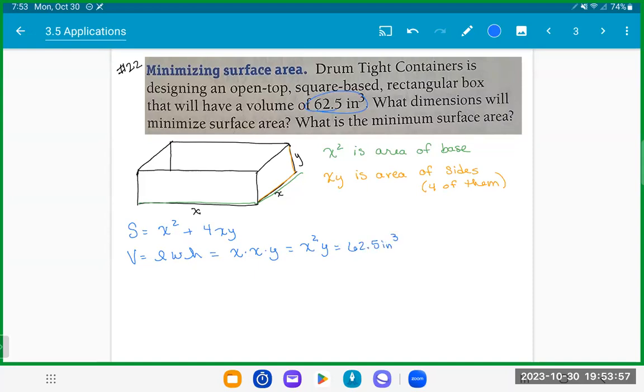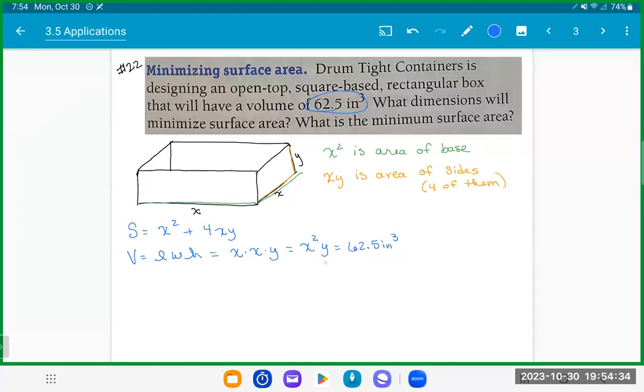Now to express our S function in terms of one variable, let's solve this for y. If we just do our volume first, we want to solve that for y.